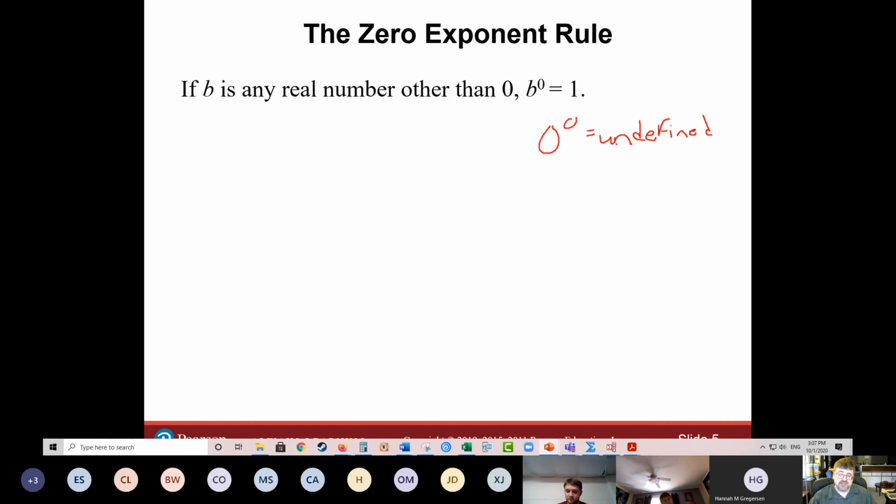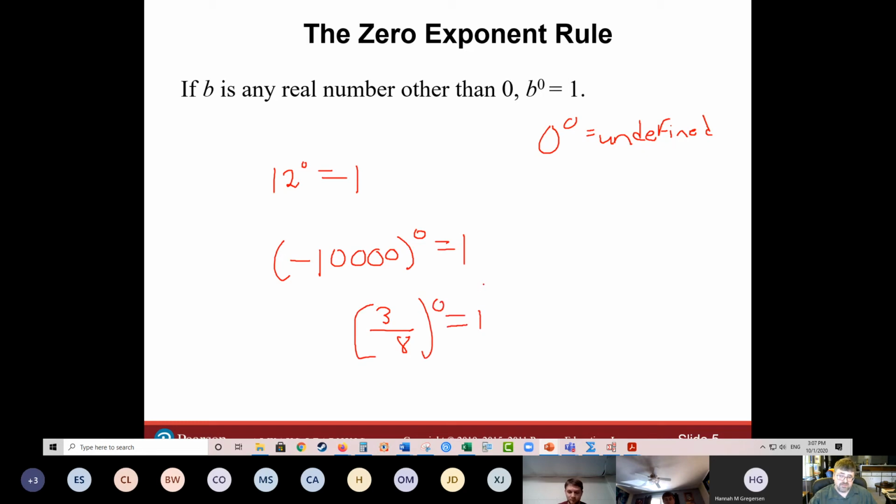Let me say that again: 0 to the 0, undefined. 12 to the 0 is 1. Negative 10,000 to the 0 is 1. 3/8 to the 0 is 1. Anything other than 0 to the 0 power will always equal 1.